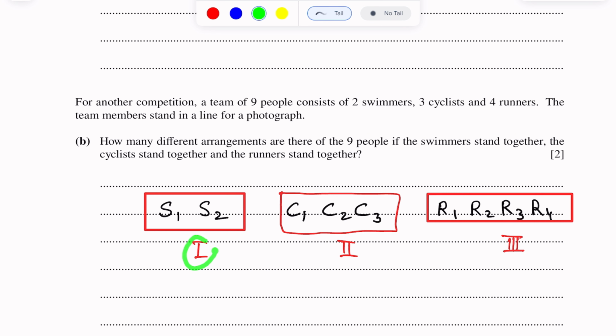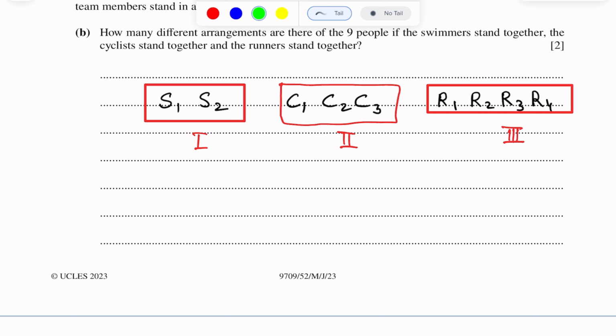There are three groups. Now the arrangement for the first, for two swimmers, because they are both different. So we can write the arrangement of these two swimmers. We can write two factorial ways.